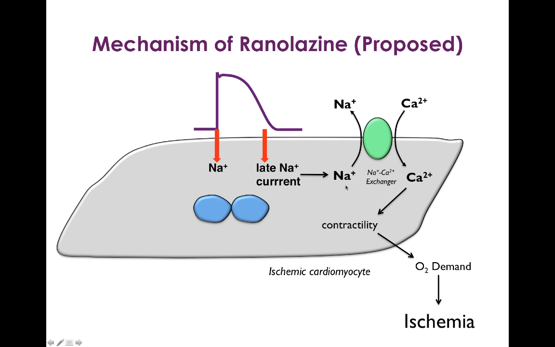And if the intracellular sodium level is higher, there can be more extrusion of sodium through this exchanger, forcing more calcium into the cell, forcing contractility in this ischemic cardiomyocyte, which is already not getting enough blood, forcing increased oxygen demand, leading to ischemia. So bottom line, these late sodium currents can exacerbate ischemia in ischemic cardiomyocytes, and it's important to know that this late sodium current is found more in ischemic cardiomyocytes than in healthy cardiomyocytes.